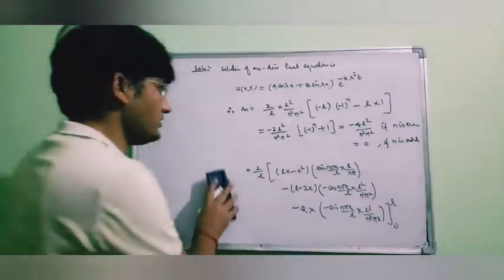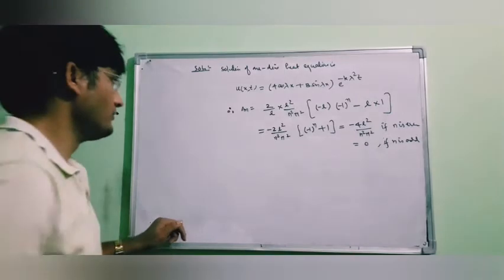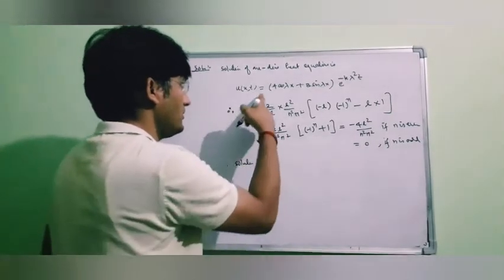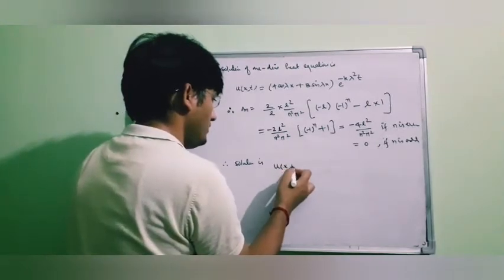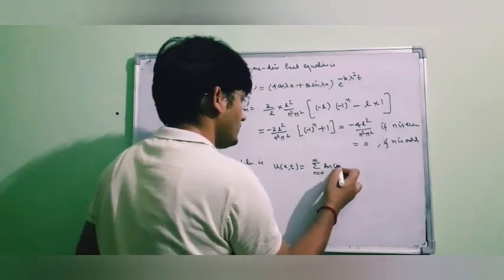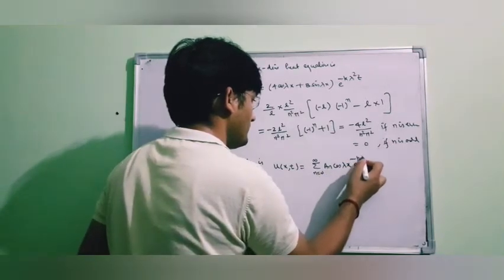Hence our solution is, therefore our solution was u(x,t) equal to sum from n equal to 0 to infinity of an cos(lambda x) into e power minus k lambda square t.